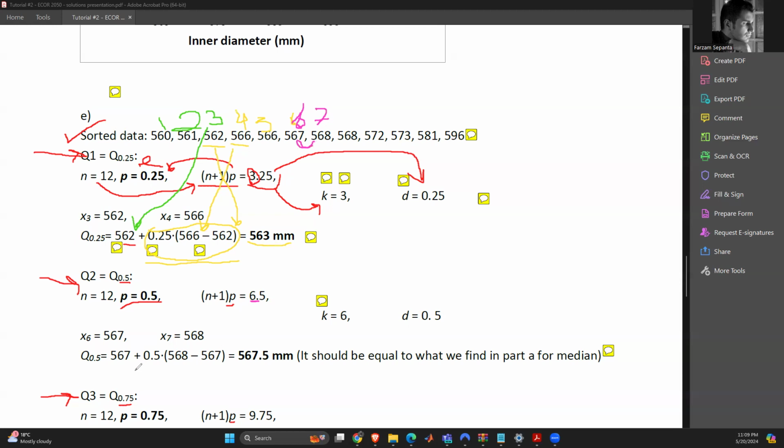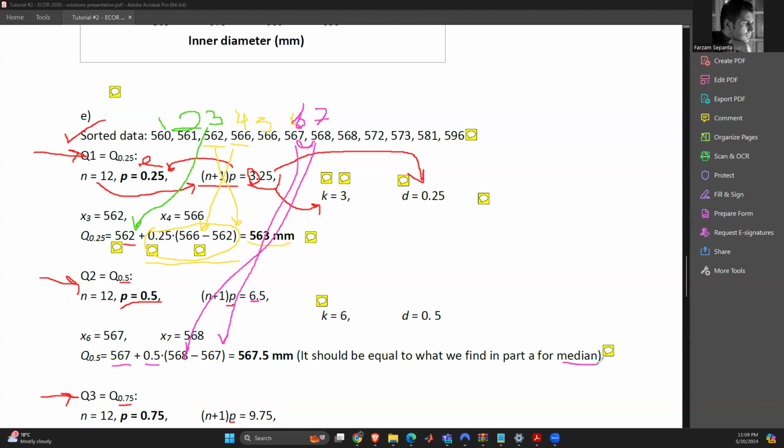You need to approximate that. For that, again, use this equation, in which you put the main number, or k, that we found, which is 567. And then you approximate between the two, 568, as you can see, subtracted by 567, multiplied by the percentile that you're solving for. With your approximation method, you have the 0.5 percentile at 567.5 millimeters.